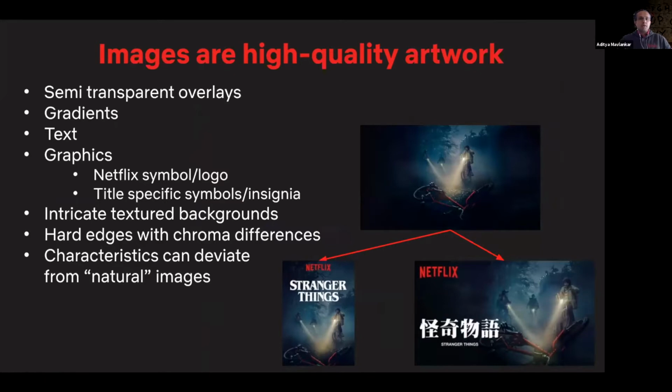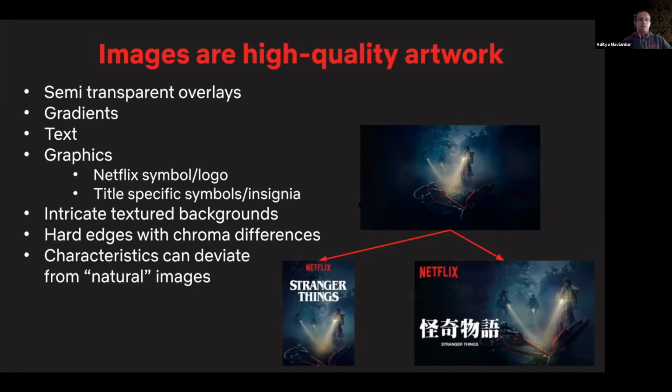So typically there is a base image, and then it's a heavily localized product, which means we have text from various languages overlaid on top of images. We have gradients. We have other kinds of graphics like the Netflix symbol, for example, or even title specific symbols that are put on top of the base image.